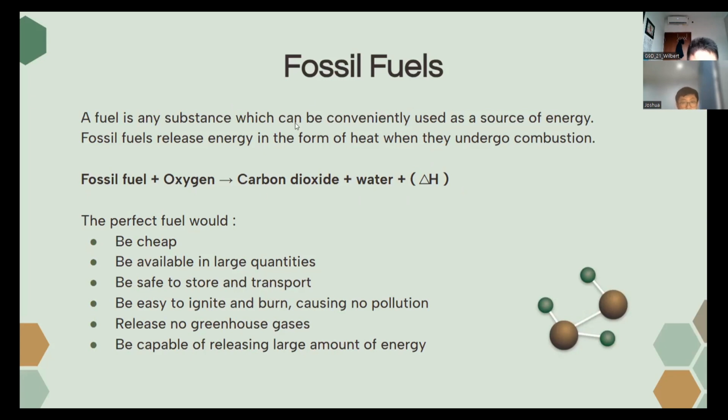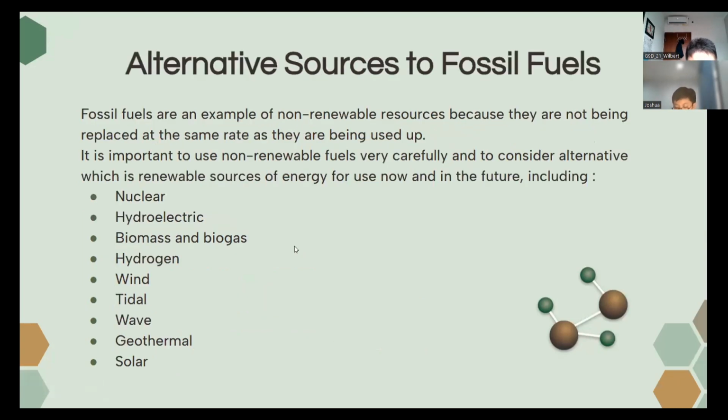The perfect fuel will be cheap, available in large quantities, safe to store and transport around, easy to ignite and burn, causing no pollution, release no greenhouse gases, which is good for the environment, and capable of releasing large amounts of energy.